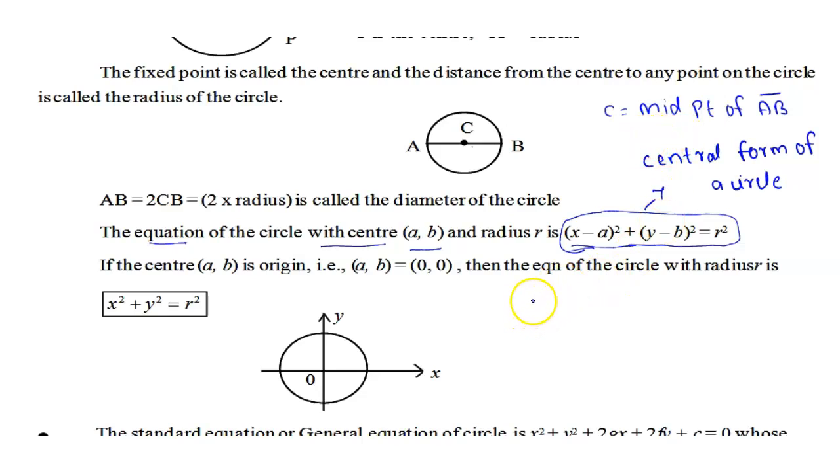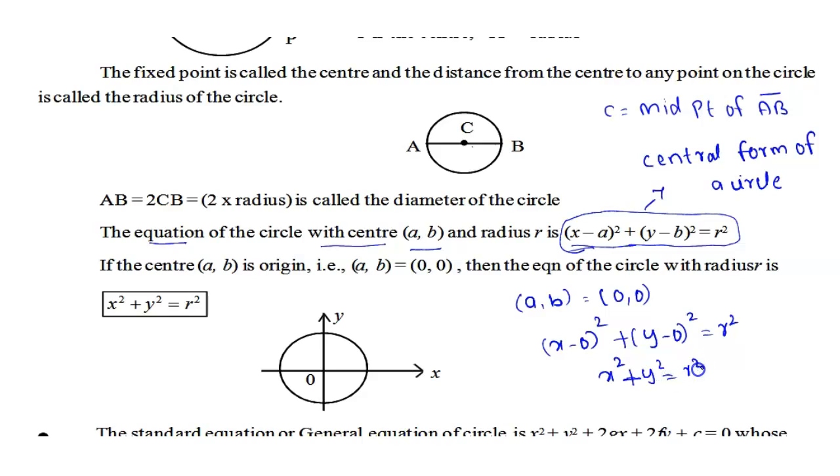In general we are taking (a, b) as the center. Now if the center is the origin, this equation will reduce like this: (x minus 0) whole square plus (y minus 0) whole square is equal to r square. Instead of a and b we are writing 0 comma 0. So this goes to x square plus y square is equal to r square.